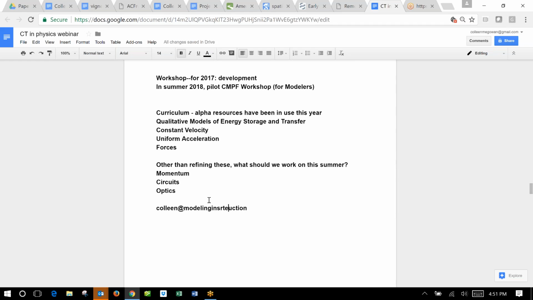Modelinginstruction.org. I was going to say gravitation is a nice thing to throw in there because you can get the kids to program planetary motion, and it gets them a little bit out of the usual box of just kinematics and forces.